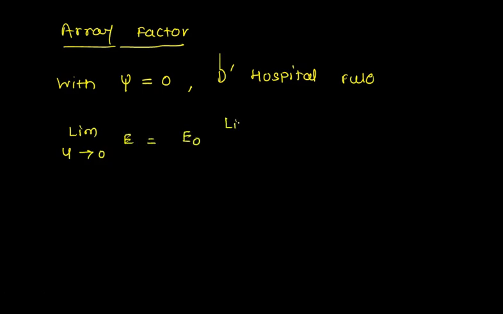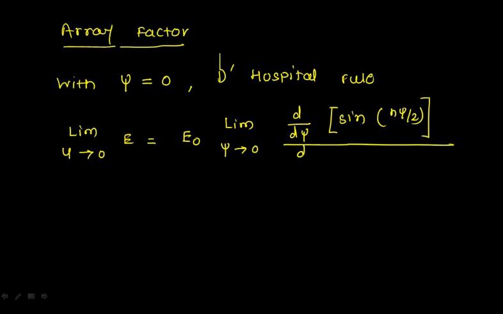Now just put limit psi tends to 0. You can differentiate separately: d by d psi of sine of n psi by 2, and the other term you can also differentiate separately: sine of psi by 2. By further solving, I'll get E0 times the differentiation of sine, which will be cos, with n by 2 coming out common.